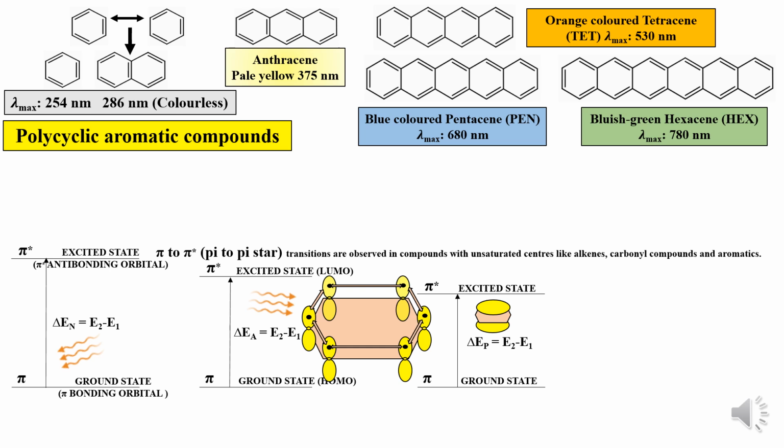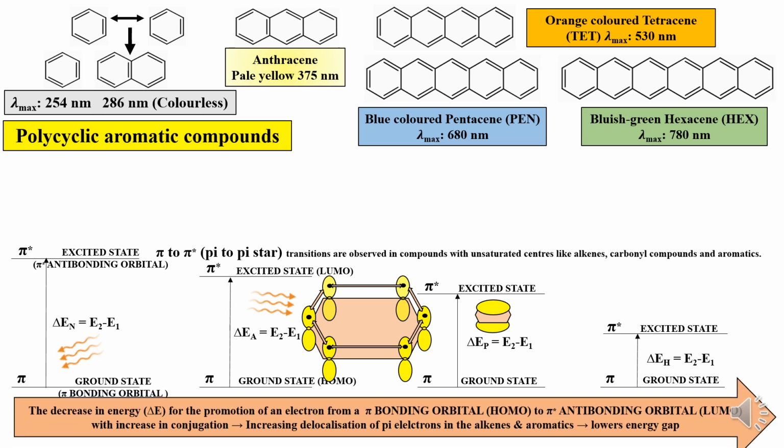And the energy gap is further lower in case of pentacene. So in pentacene, you find five benzene rings fused together at the ortho positions, while in case of hexacene, you find six benzene rings fused together at ortho positions. So as the number of benzene rings add up, you find linear arrangement of these benzene rings, and there is increase in conjugation.